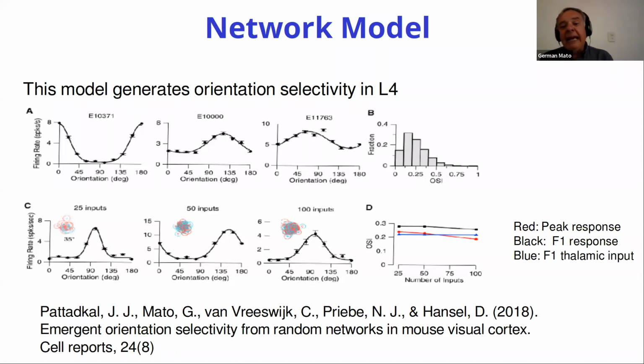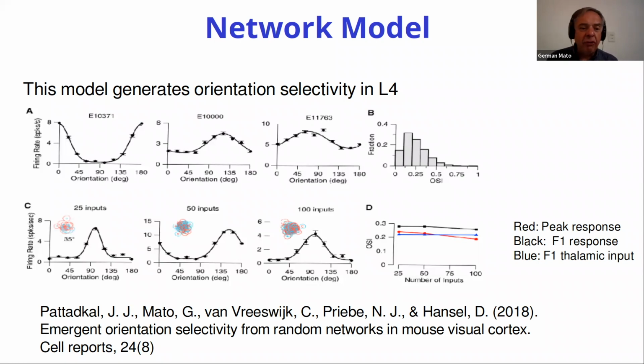Now, regarding the other question I had mentioned before, right? If this is purely controlled by the fluctuations of the connectivity patterns, what happens if we increase the connectivity? For instance, we can compare a network that has 25 inputs per neuron with a network that has 50 inputs per neuron, and with a network that has 100 inputs per neuron, and we see that in fact the selectivity does not change.